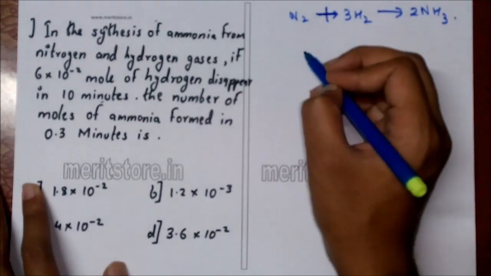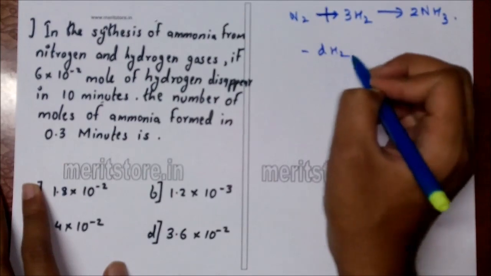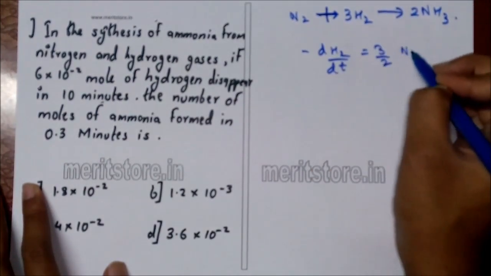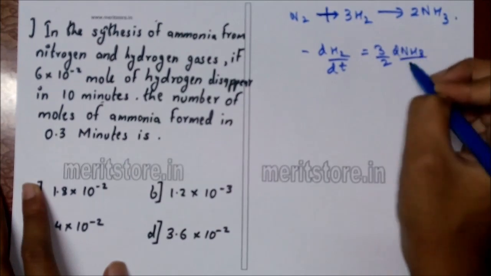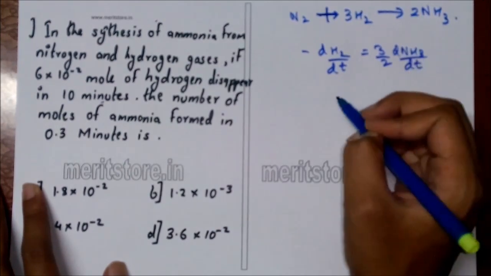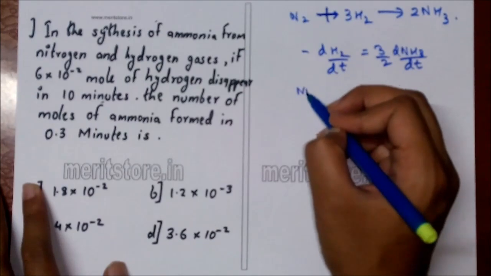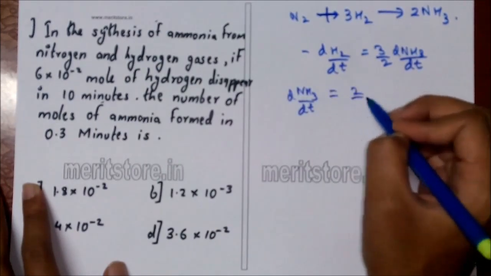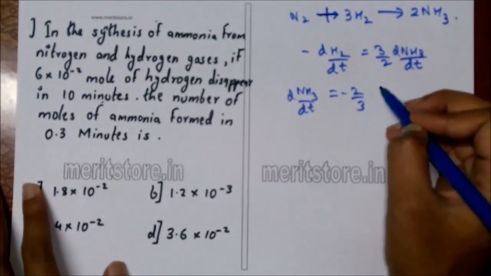With this, we can write the rate as -d[H2]/dt = 3/2 d[NH3]/dt, or d[NH3]/dt can be written as -2/3 d[H2]/dt.